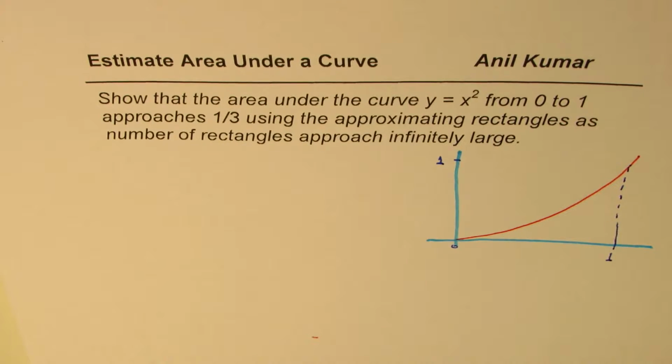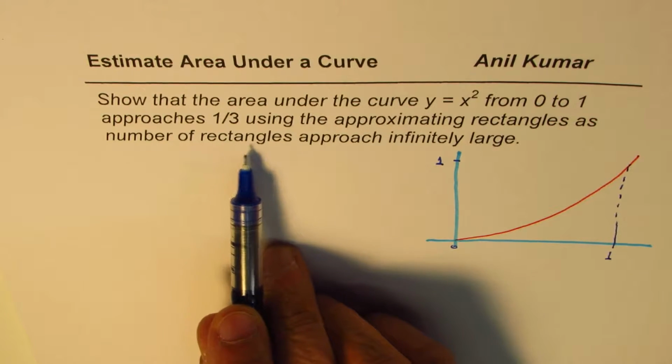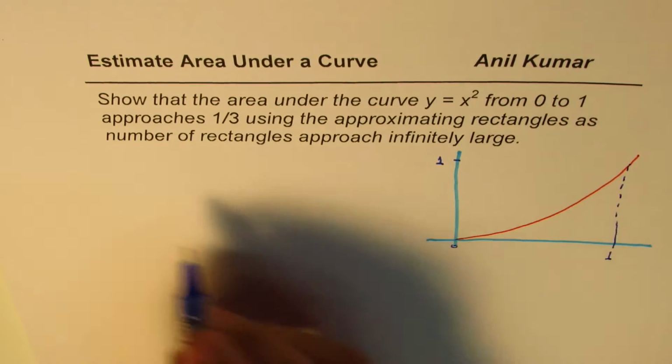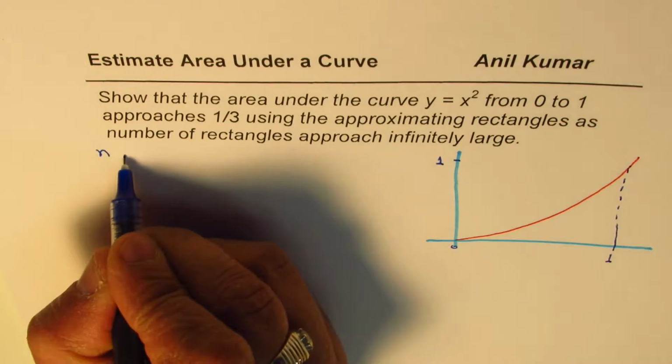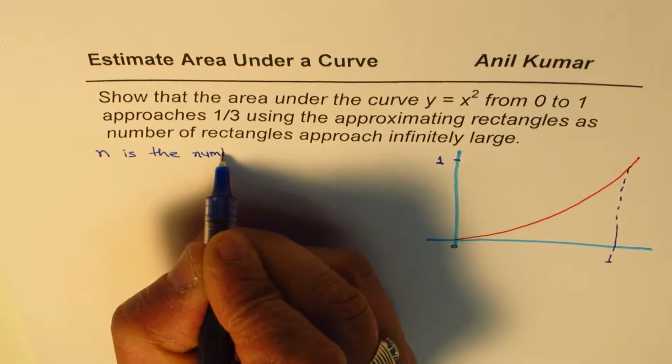That is the idea. And we have to use rectangles to find this area. In this particular case, we want to use an infinitely large number of rectangles. Let us say n is the number of rectangles.